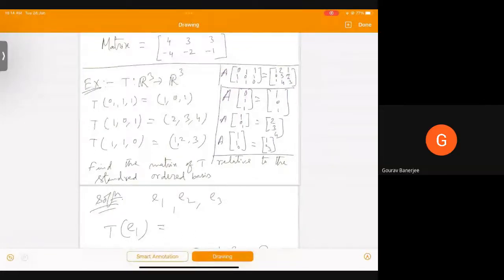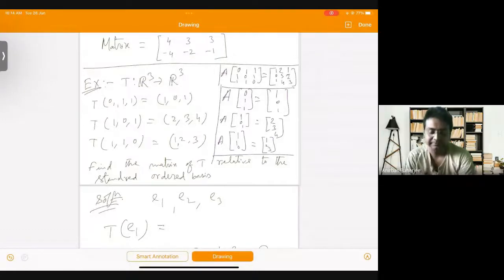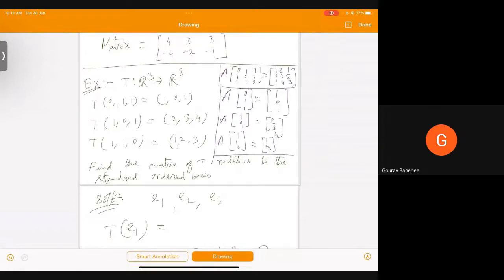Sir, for converting one basis to another, we just express that vector in that basis and construct the matrix. For example, suppose some coordinates are given in terms of 0 1 1, 1 0 1 and 1 1 0, the three vectors you chose in R3.